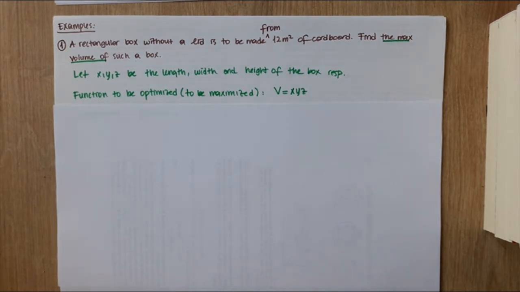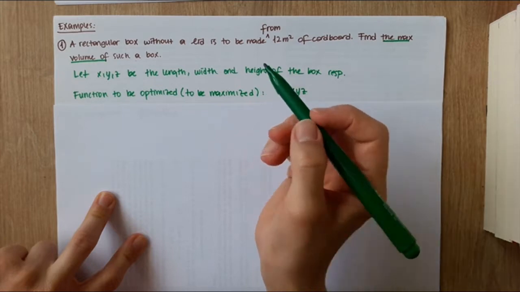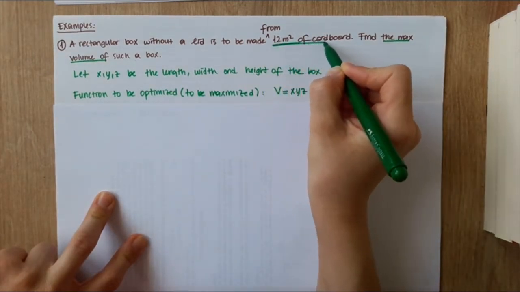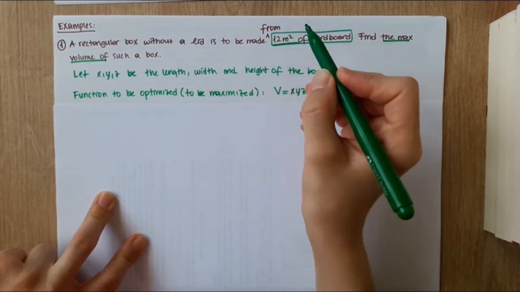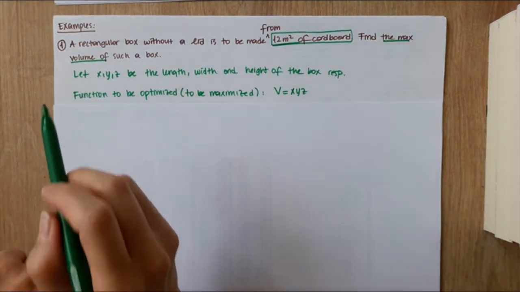And also we have a constraint function here. Why? Because we have just 12 square meter cardboard here. Okay, we can only use that amount of cardboard to make this rectangular box.